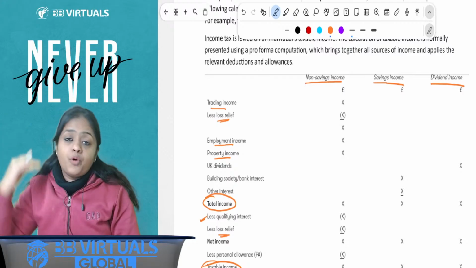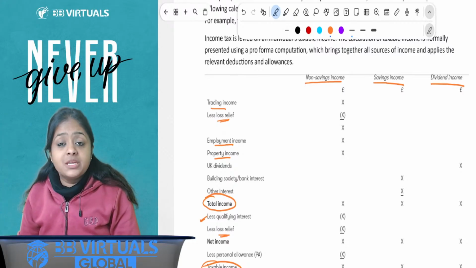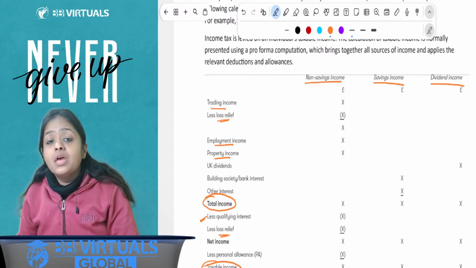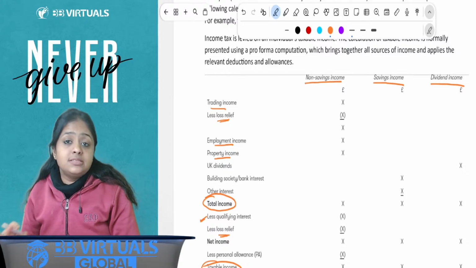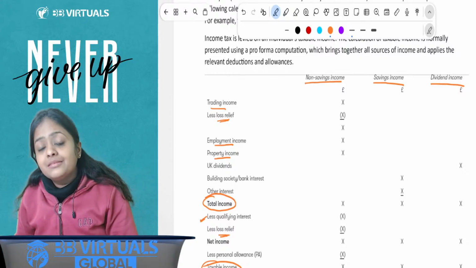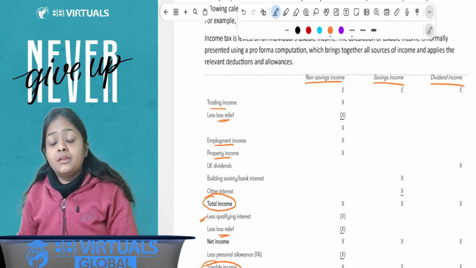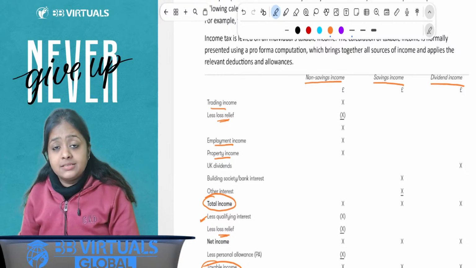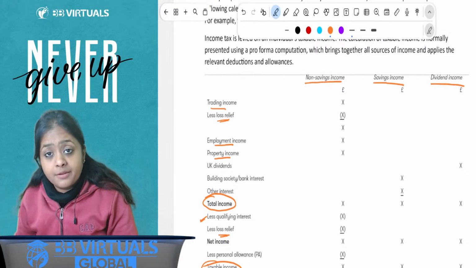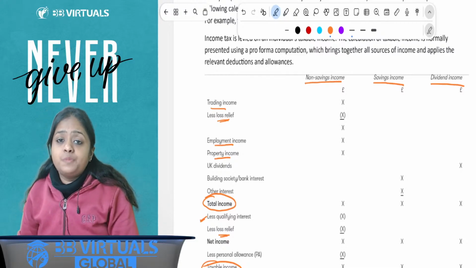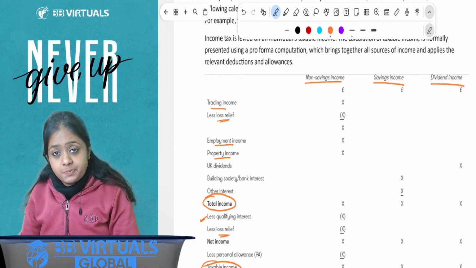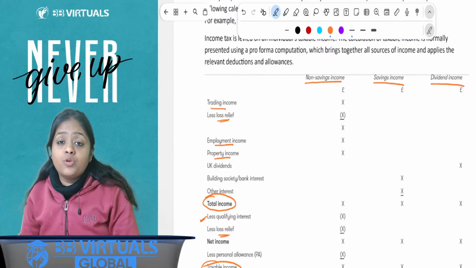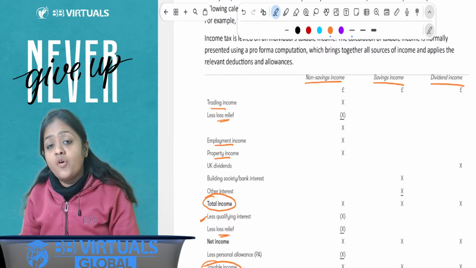Then one more point we covered was the transferable PA. That simply means if both the spouses or civil partners are in the basic rate category and their income is within the basic rate band only, then if one of the spouses, let's say, desires to transfer PA to the other spouse, they can transfer, and the transferor spouse can only transfer 1260 of PA.